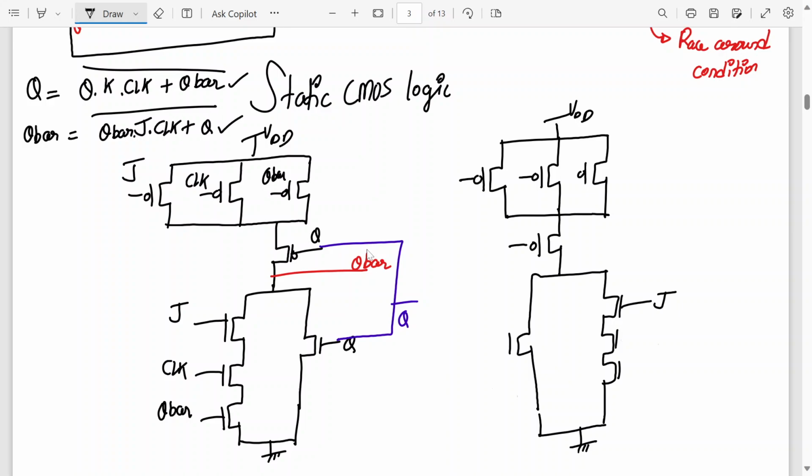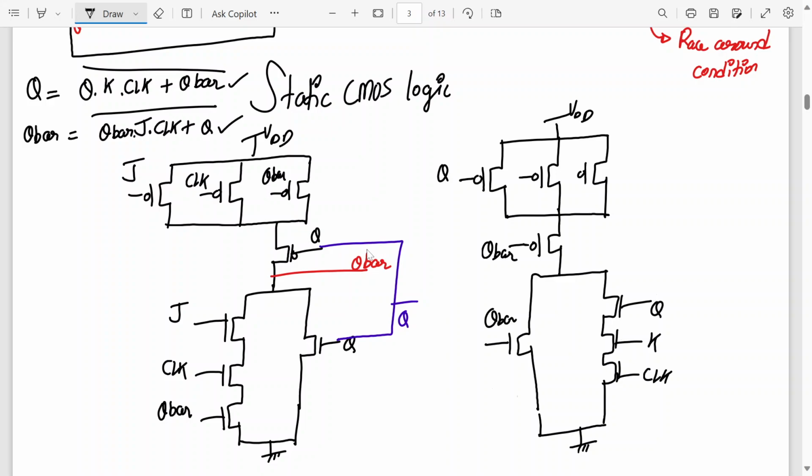So this is not J, it is Q, K, and clock, right? And this is Q, right? This also Q. Q bar or Q? That will be Q bar. Yeah, I'm checking here. Okay, yeah, this will be Q bar. This also will be Q bar.